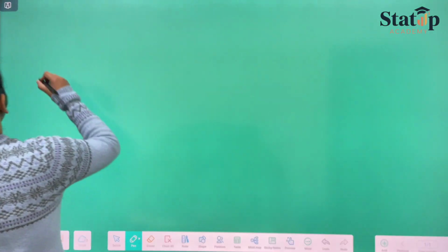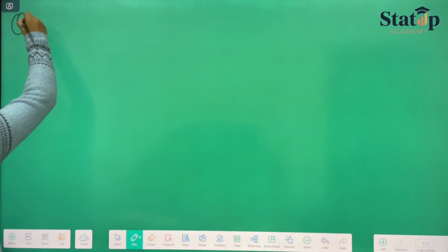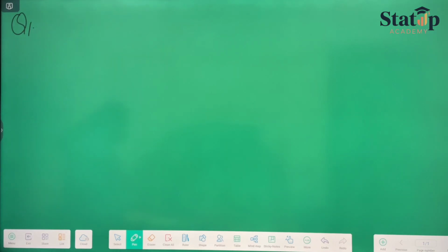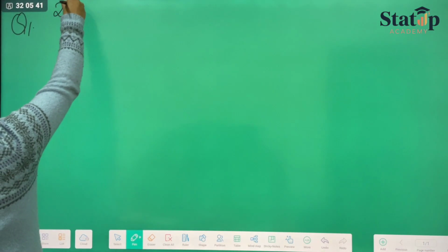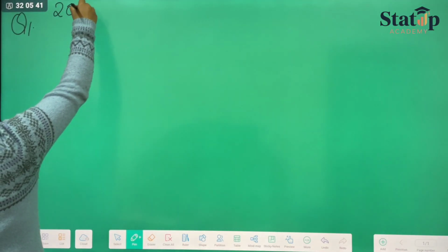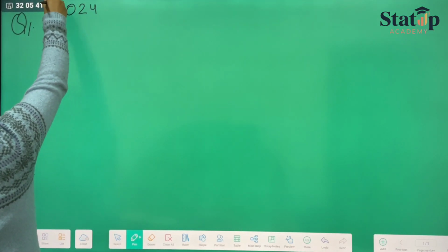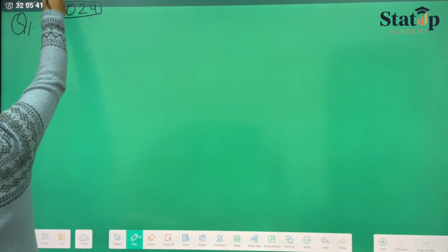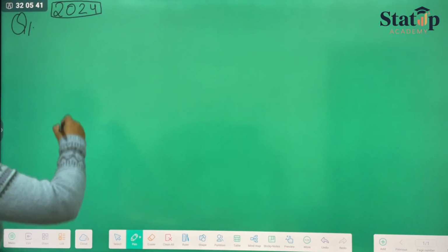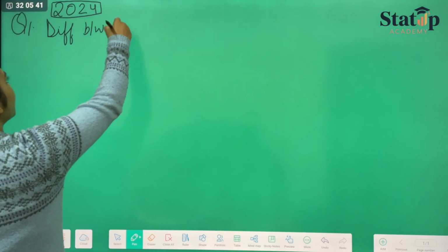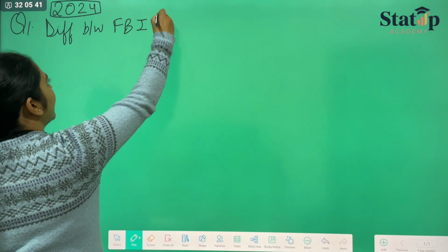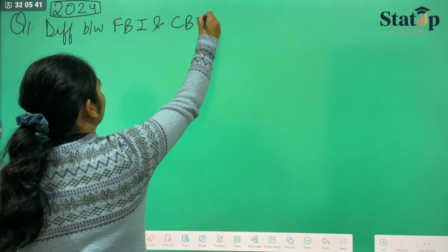The first PYQ is from 2024. It says: differentiate between fixed base index and chain base index.